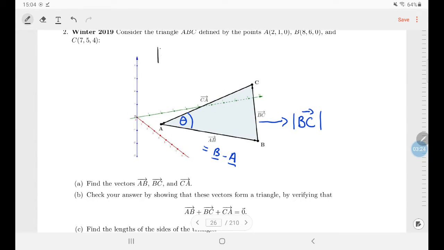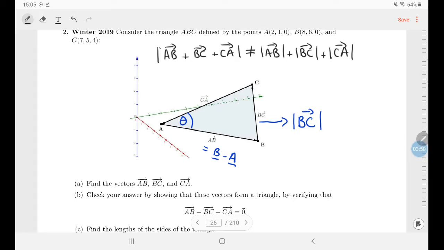The length of a sum of vectors, say in this case A to B plus B to C plus C to A, is not equal to the sum of the lengths. It's only so when they are parallel. So that's a mistake not to make.